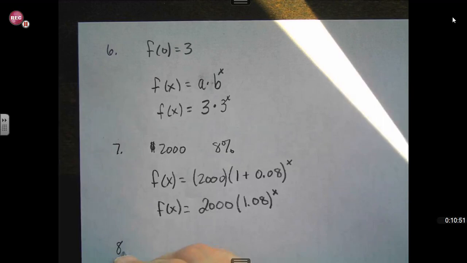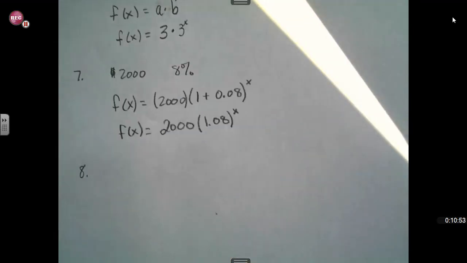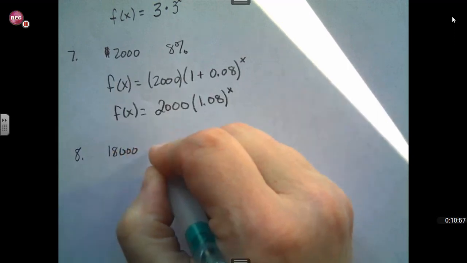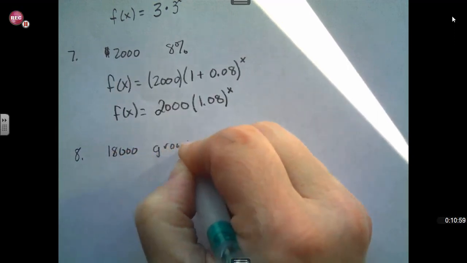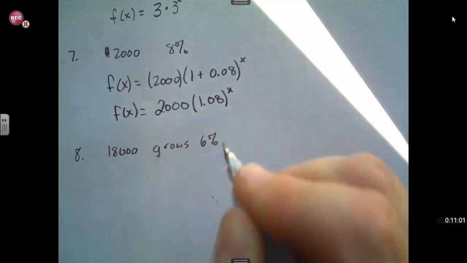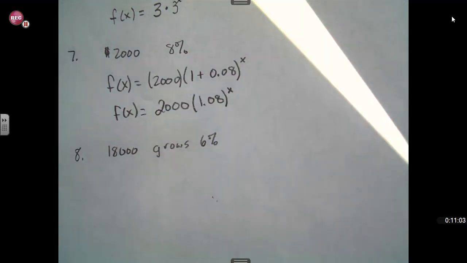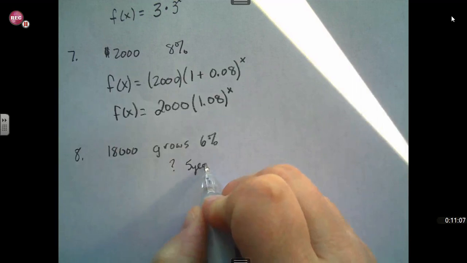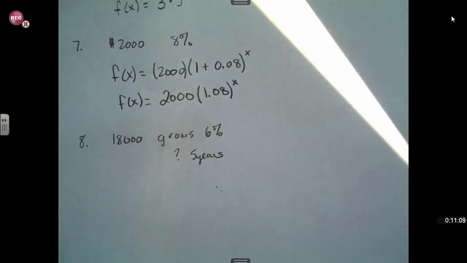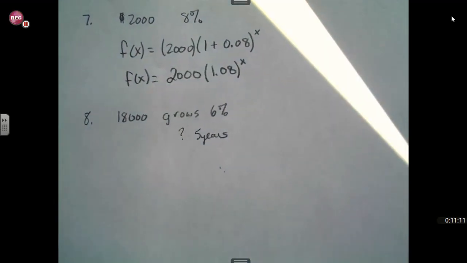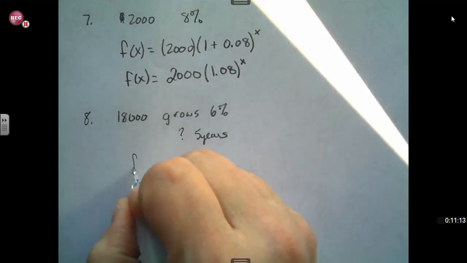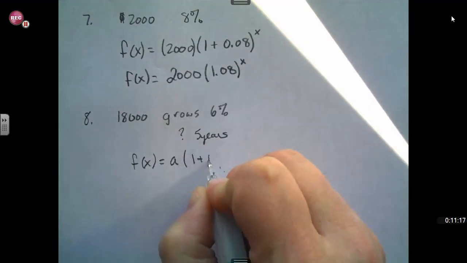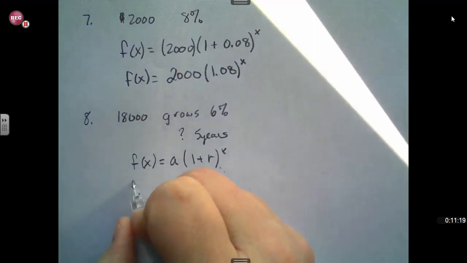Number 8, the population of a town is 18,000, and it grows at 6% per year. What will the population be in 5 years? So again, we're going to use just the exponential growth model. F of x equals a times 1 plus r to the x.